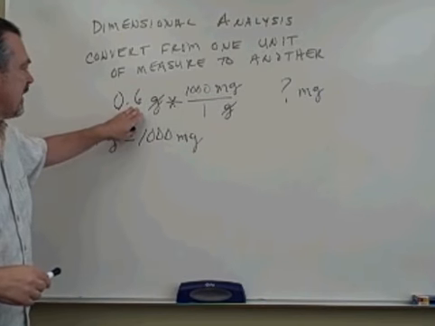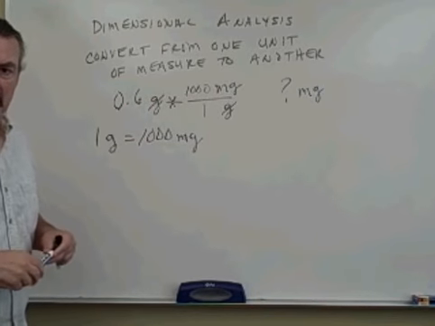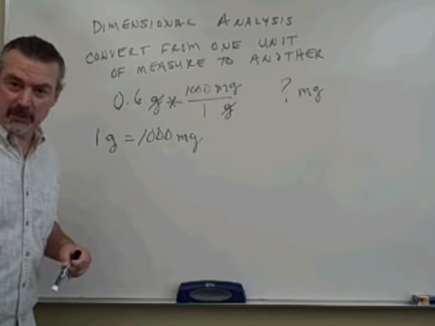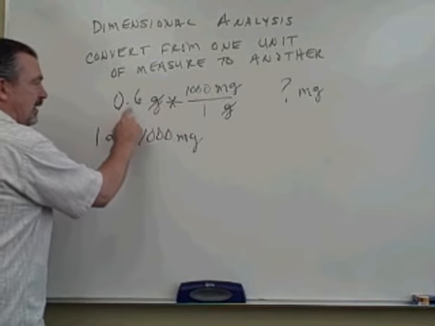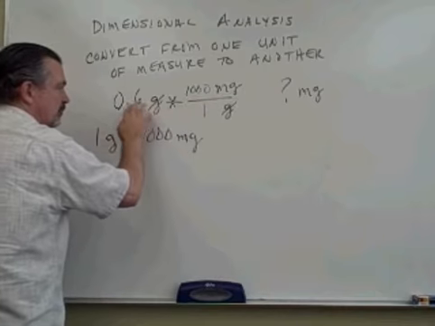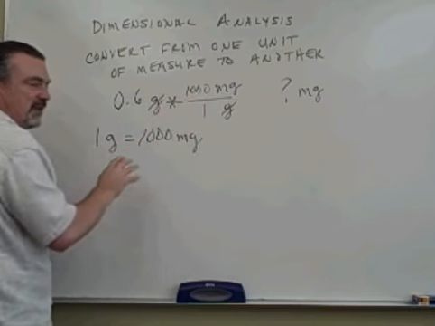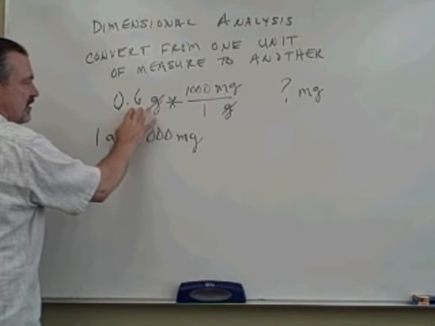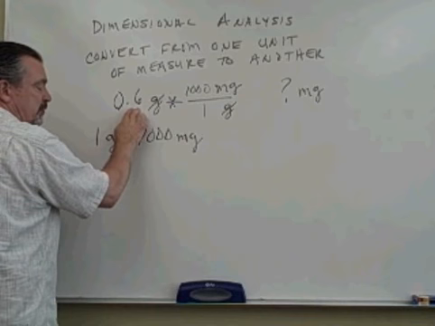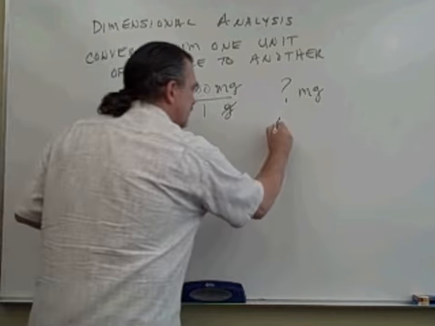And now it's just a matter of doing the arithmetic, 6/10 times 1,000. And you remember the easy way to multiply by 1,000? The easy way to multiply by 1,000 is to move the decimal point to the right. And we move it 1, 2, 3 places to the right, 1 place for every 0. So moving the decimal point 3 places to the right here would give us 600.